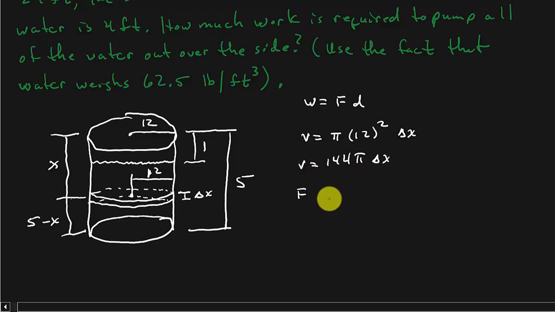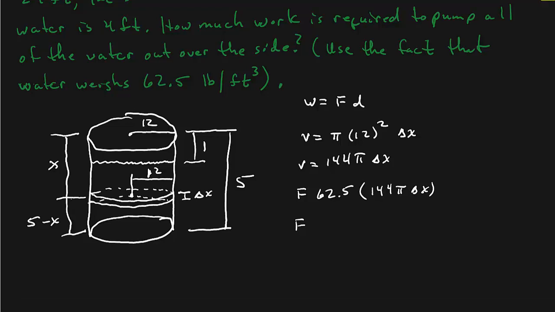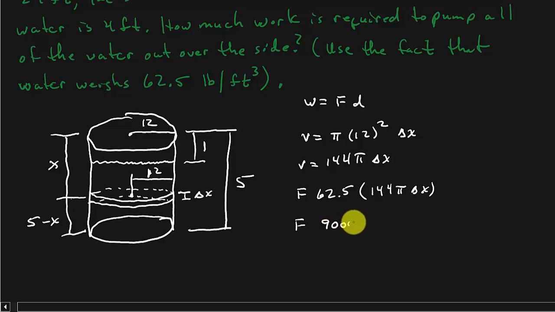And so the force is 62.5 times the volume, and that is going to be 9,000 pi delta x.